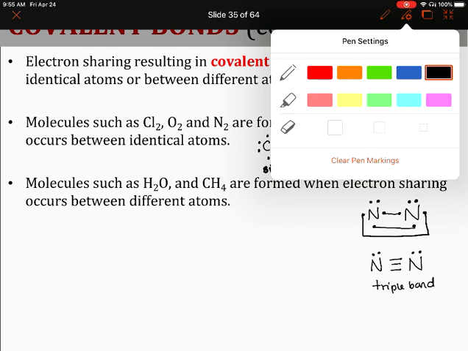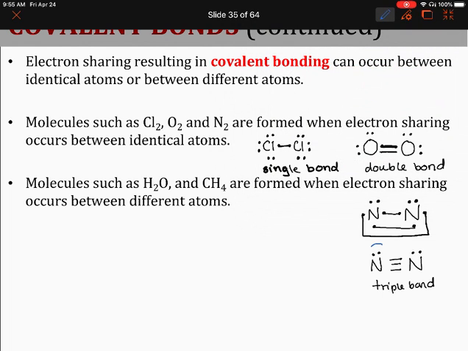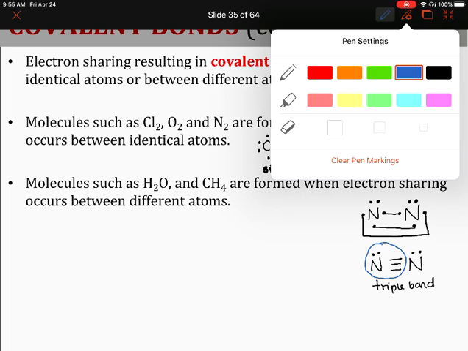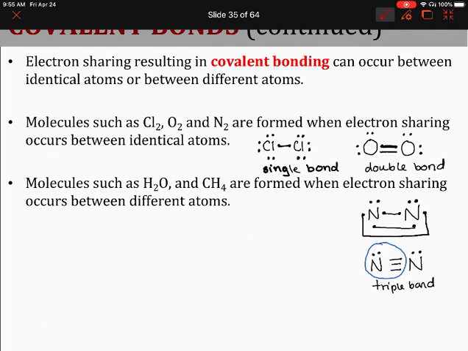And if we draw circles around each atom and the electrons that they own or co-own, we can see that each nitrogen has 8 total electrons. So they're sharing 6 electrons, and then each nitrogen has its own pair of electrons. So each nitrogen has 8 total electrons.